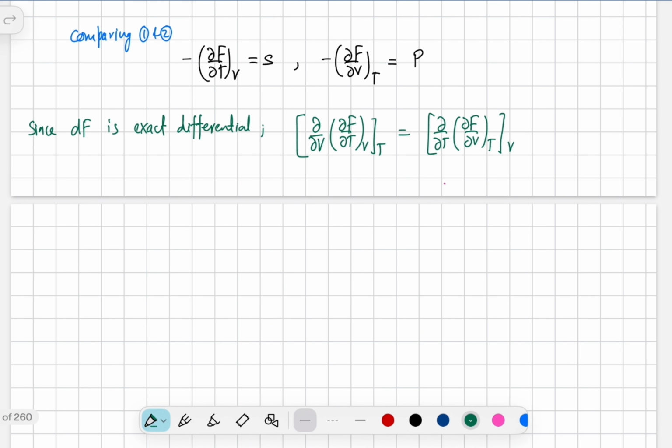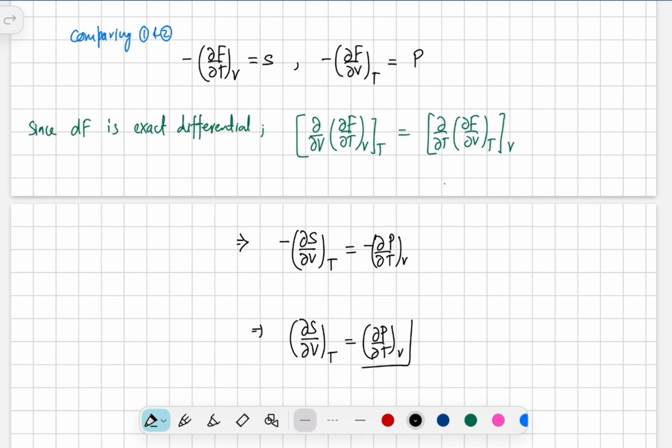what do you see? You see that del S by del V at constant T, that is minus, and this minus P, the negative sign will cancel, so this is the next Maxwell relation.